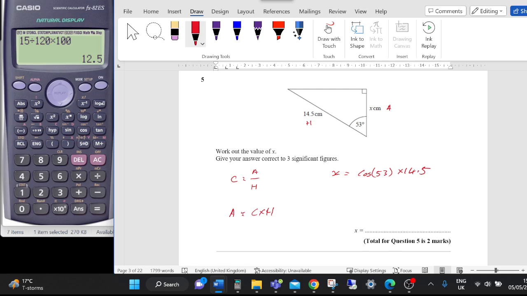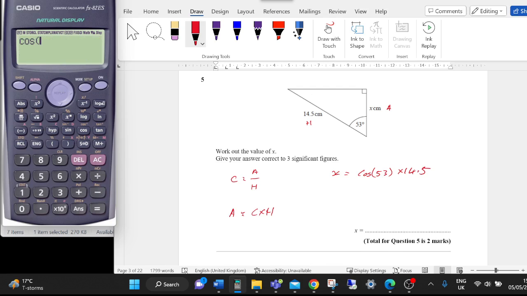And double check my calculator's on degree mode. So shift mode. There we go. And I want it in degree mode.